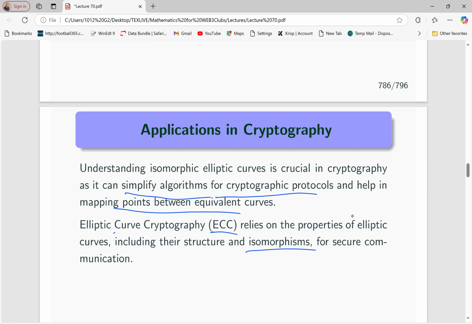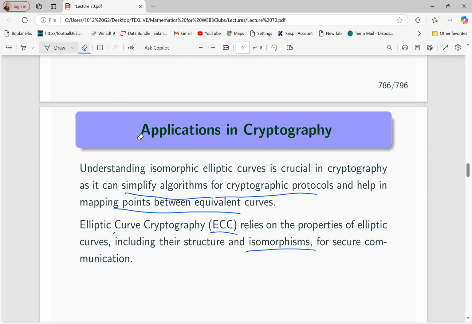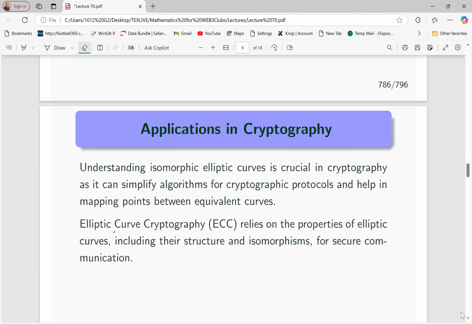So this knowledge of isomorphism will be very relevant when it comes to that. Just to ensure that your communication is secure, this knowledge of isomorphism will be very crucial.